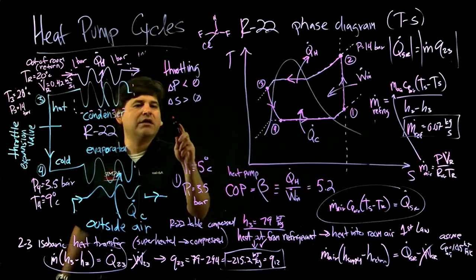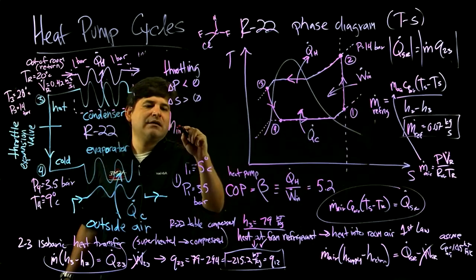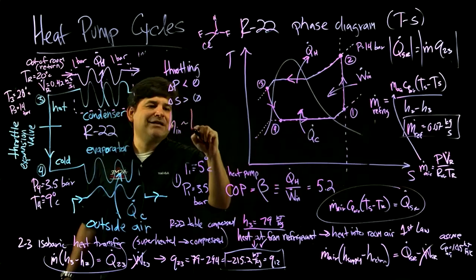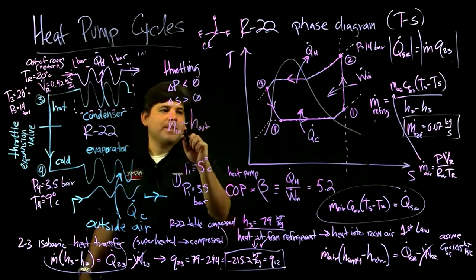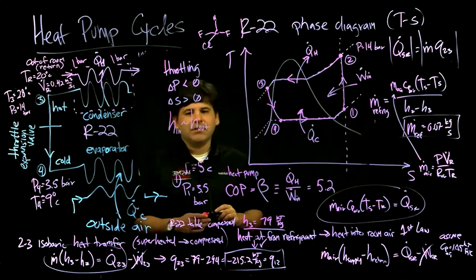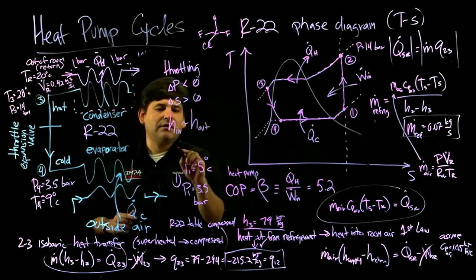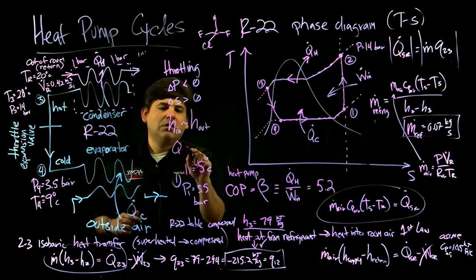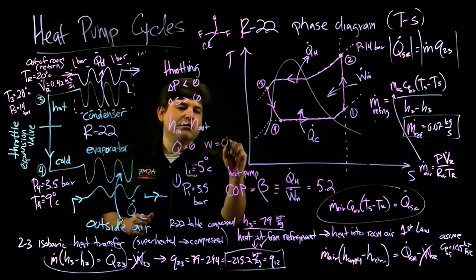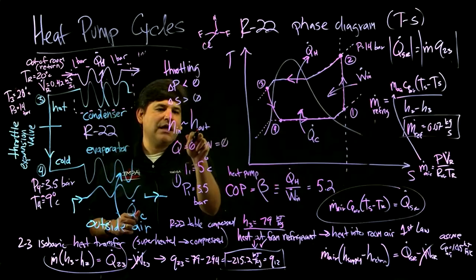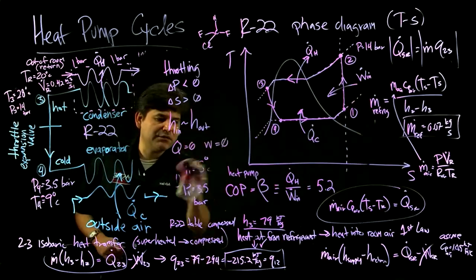Another unique thing is that to simplify it, we say it's isenthalpic. The enthalpy doesn't change that much. And that simplifies the first law as well. We also say that Q equals 0 and work equals 0. And that's why that leads to this isenthalpic simplification.